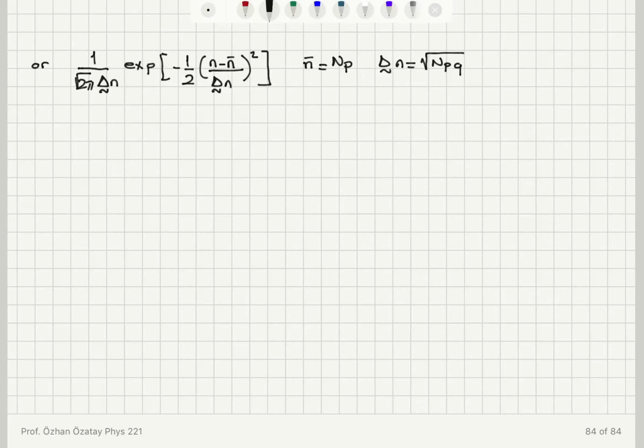So in general, we can generalize this for a continuous variable.